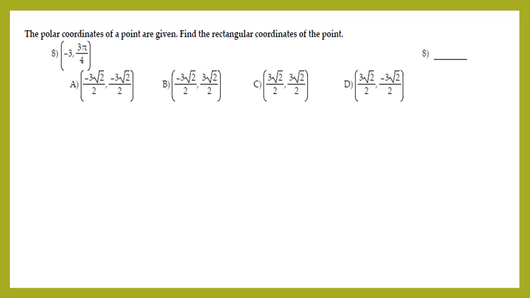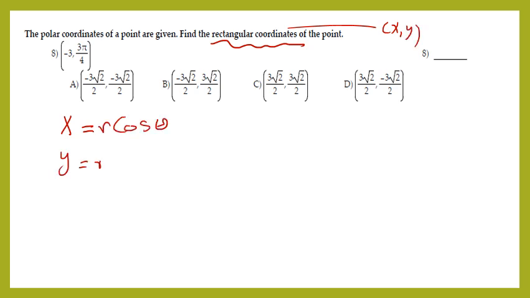The polar coordinates of the point are given. Find the rectangular coordinates. Keep in mind that for the rectangular coordinates x and y, x is equal to r cosine of the angle and y is equal to r sine of the angle. r is negative 3, so x is negative 3 cosine 3 pi over 4.